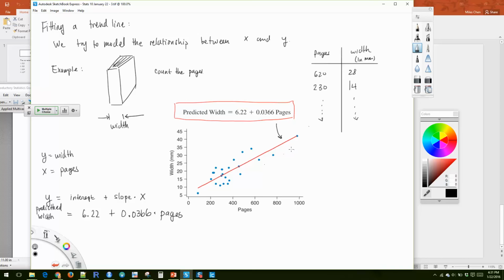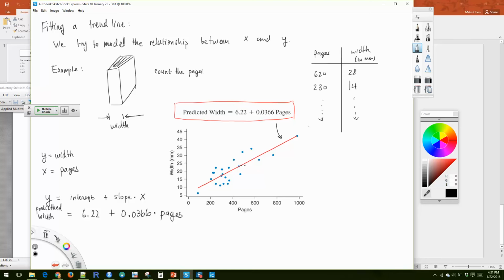This is called the mean relationship line, the mean line. Because you can imagine if we looked at a whole bunch of books, we might have 10 different books that are all 400 pages long.